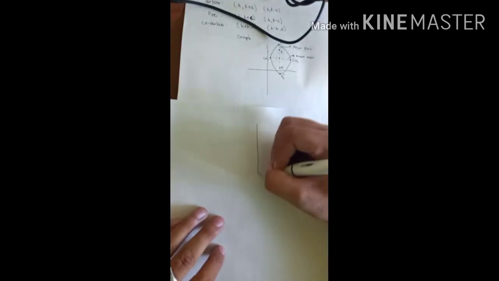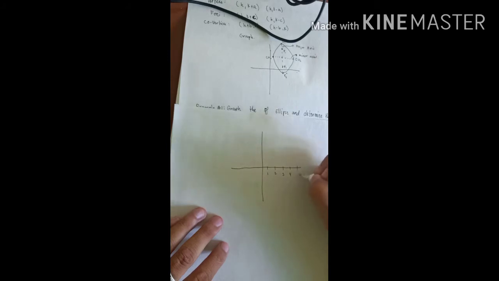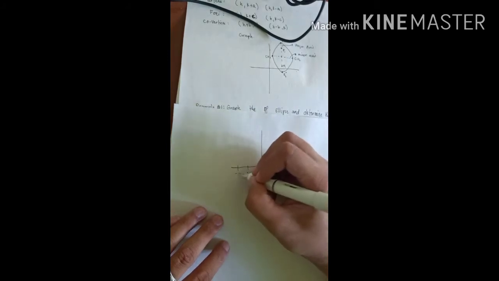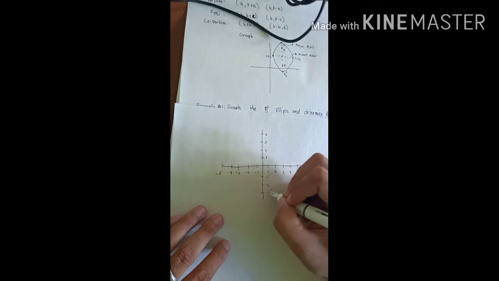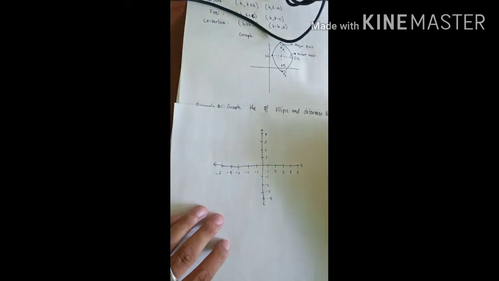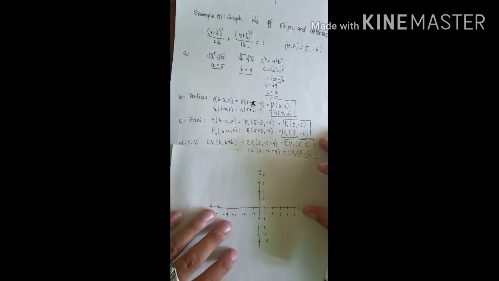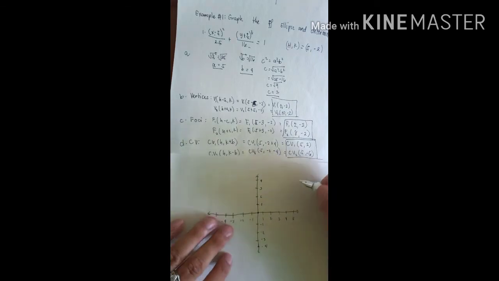What we're going to do next is to plot these points. First, V sub 1 and V sub 2, the vertices, kailangan natin unahin yan. So V sub 1 is 0, negative 2.